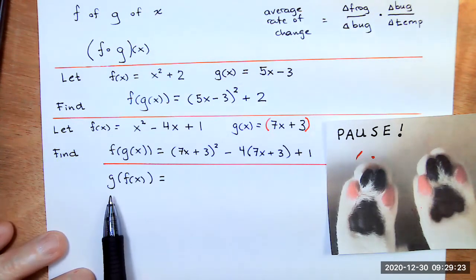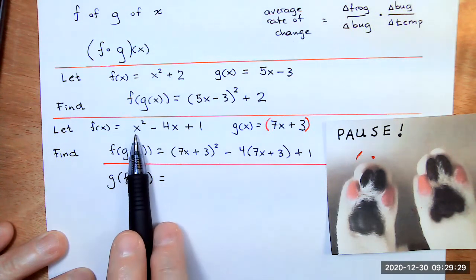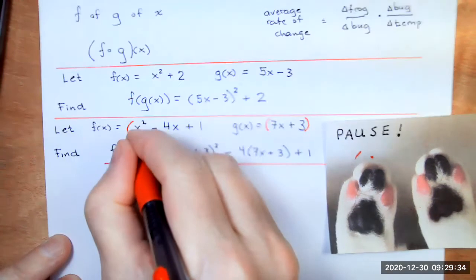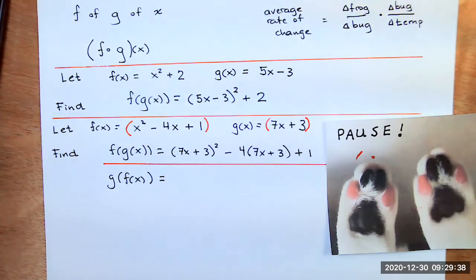And then do you think we'll get the same thing if we go the other way? So you're going to put f of x, or x squared minus 4x plus 1, wherever you see the x in g of x. So I would hit pause and try that one.